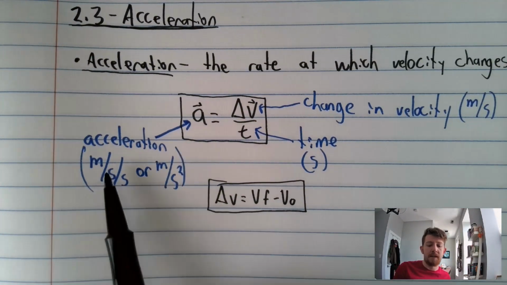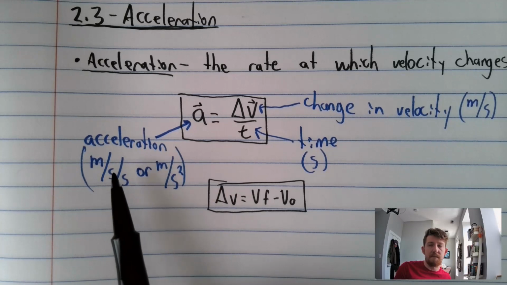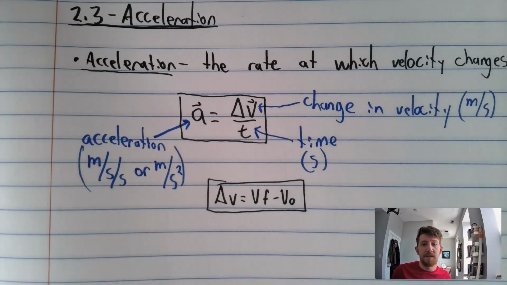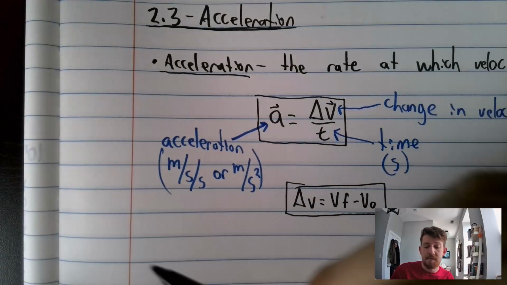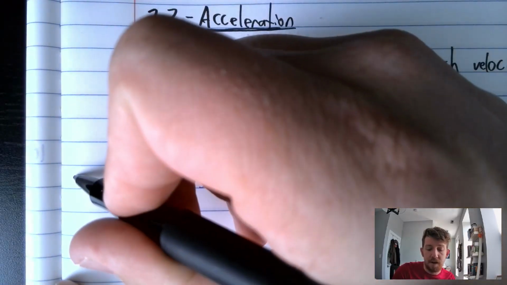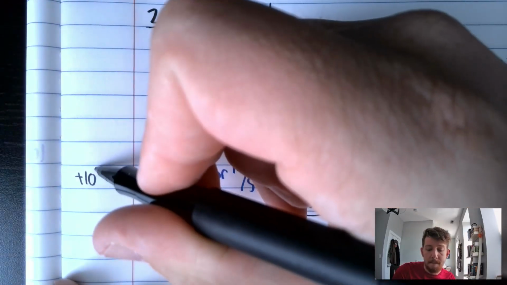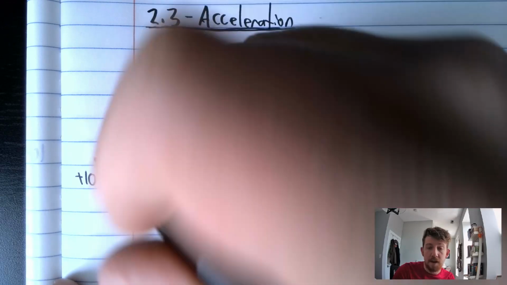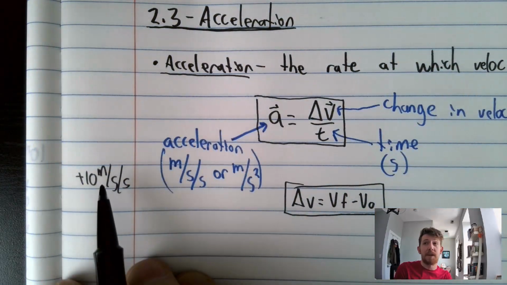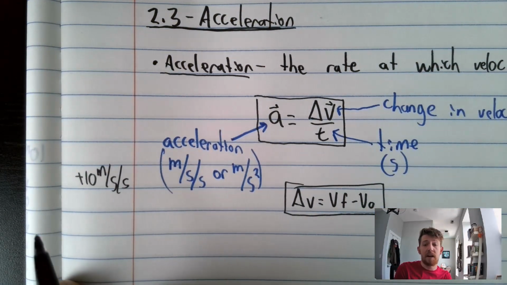Now we'll probably come back to this, but the meaning of this unit, meters per second squared, is your velocity is changing by blank meters per second every second. For example, maybe you have an acceleration of 10 meters per second squared. You're going to gain 10 meters per second of speed every second.